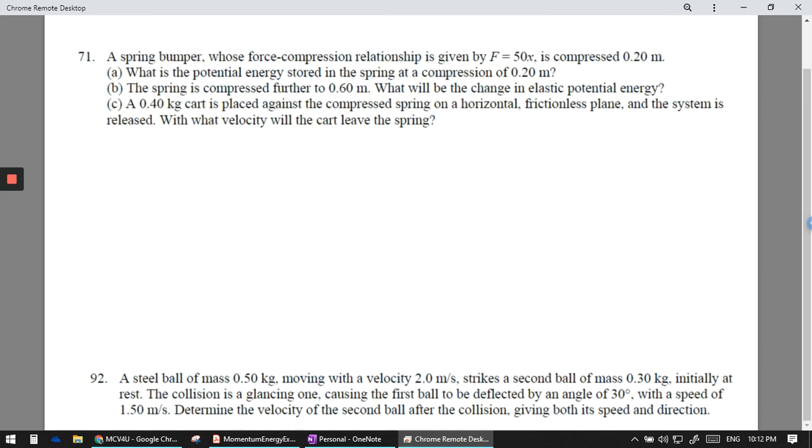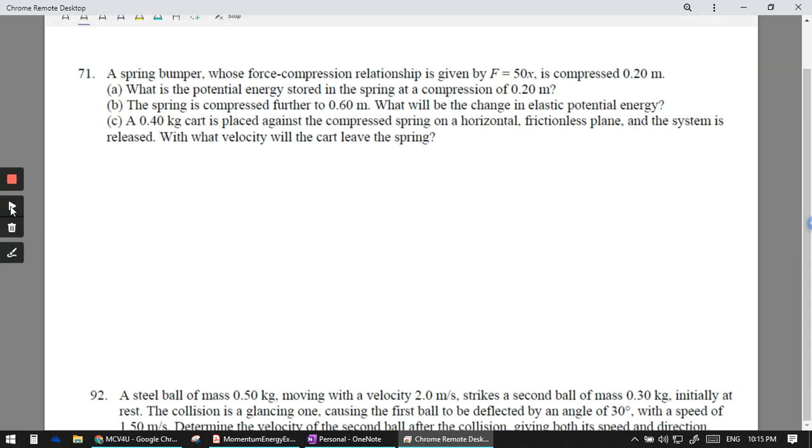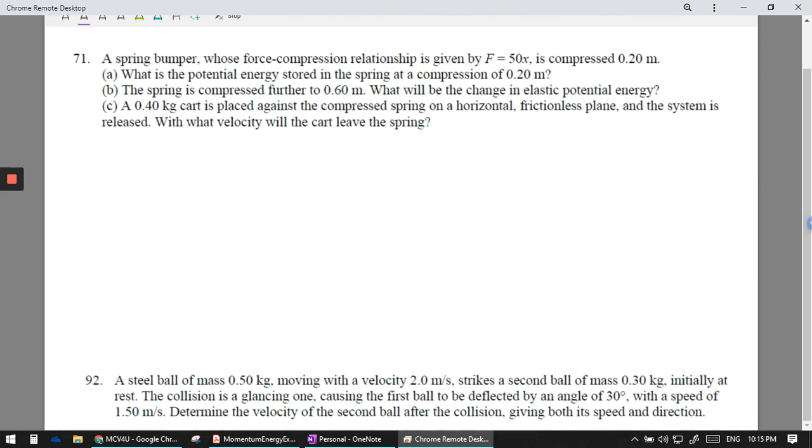A spring bumper whose force compression relationship is F equals 50x is compressed 0.2 meters. All right, so part A is asking us to determine the potential energy stored in the spring at that compression. Essentially, in order to look at that, we first need to know the k value of the spring.